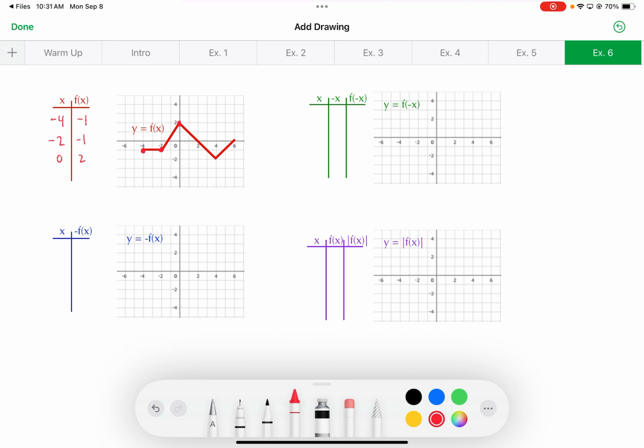How about we go down to (4, -2), and let's do one final one of (6, 0).